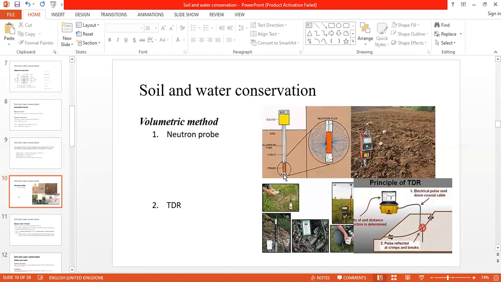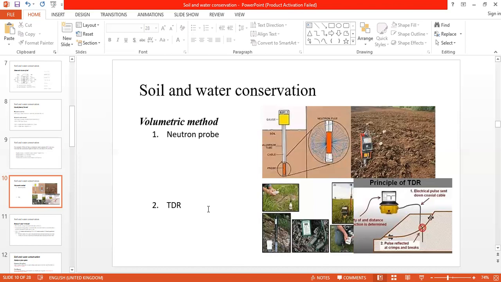Then there's the TDR, time domain refractometry. It works on a similar principle, but it uses time. It sends out an electric pulse into the soil.